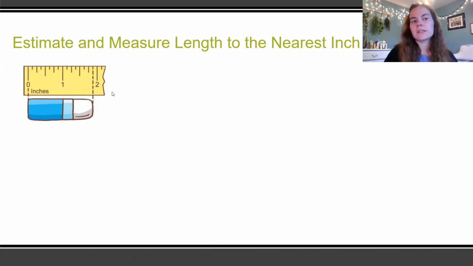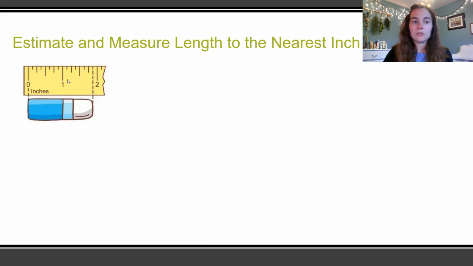So I'm going to think about which inch is it closer to, because I'm asking for the nearest inch, so I don't want you to count these in between lines and give me that, I want you to tell me an inch and say it is about how many inches. So because it is closer to this 2-inch mark, I'm going to say this eraser is about 2 inches.